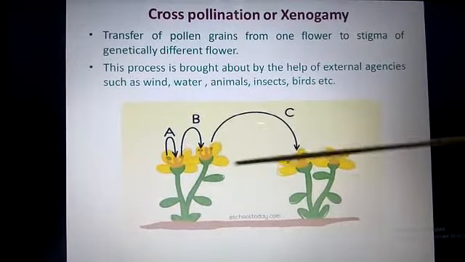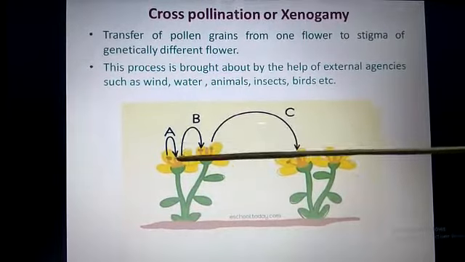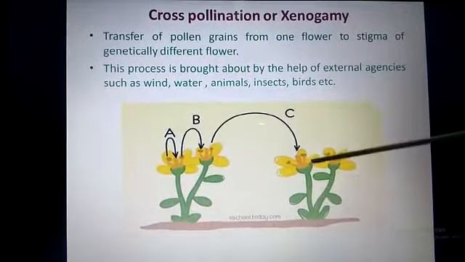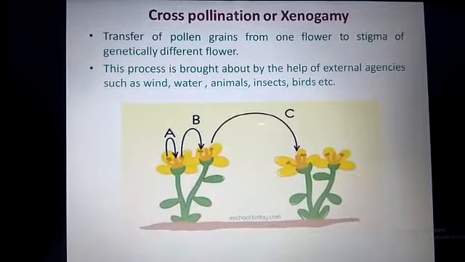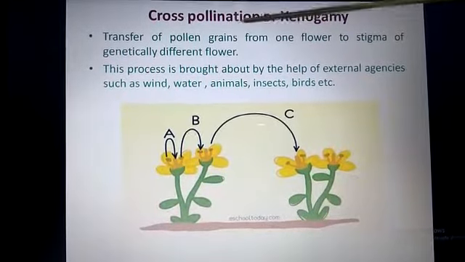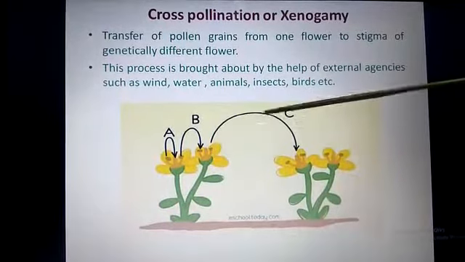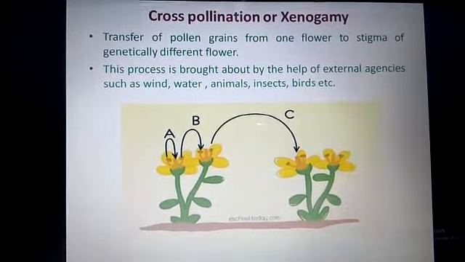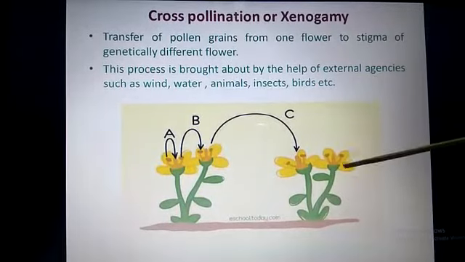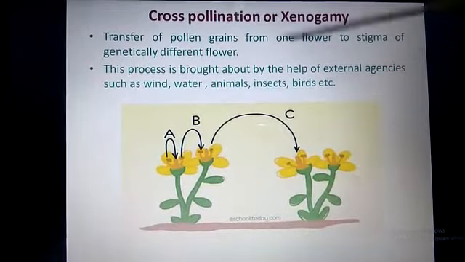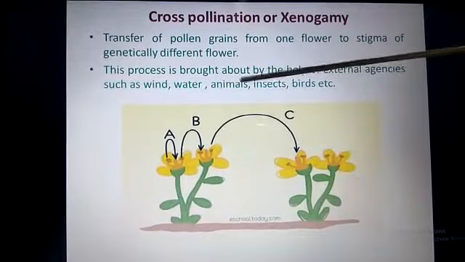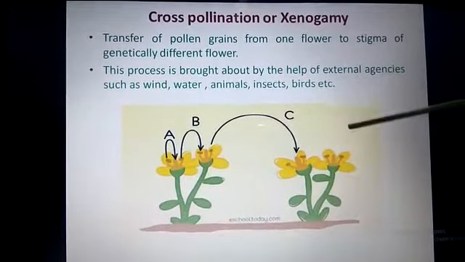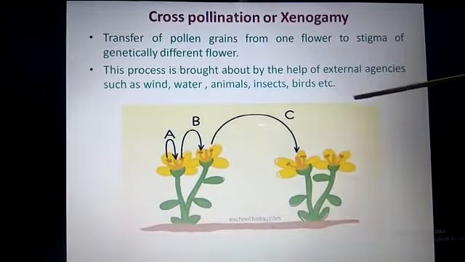If the pollination takes place between flower A and C or flower B and C, then that pollination is called cross-pollination, because the pollination is taking place from one flower to another flower that are genetically different from each other. This process is brought about with the help of external agencies such as wind, water, animals, insects, birds, etc.